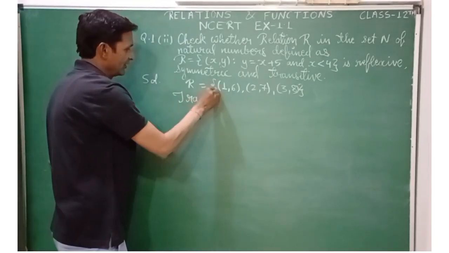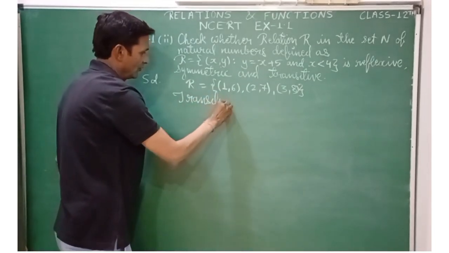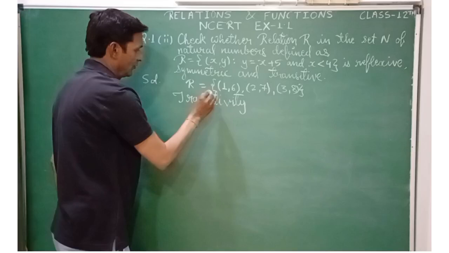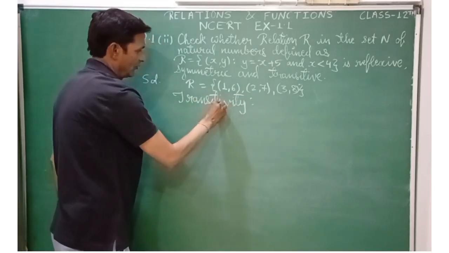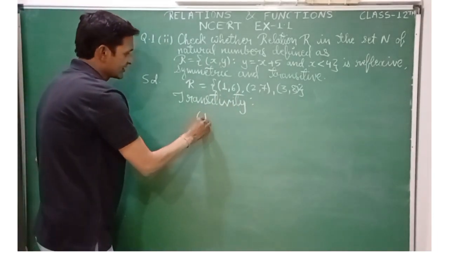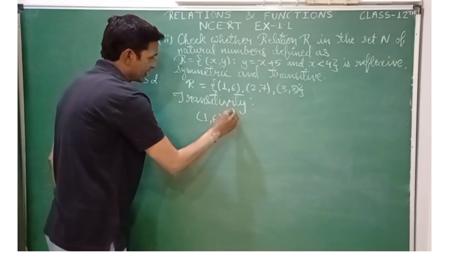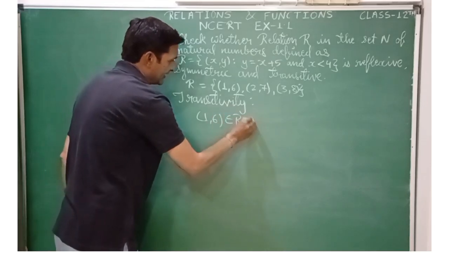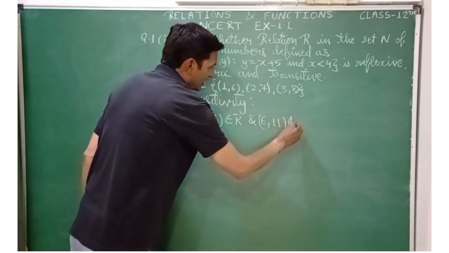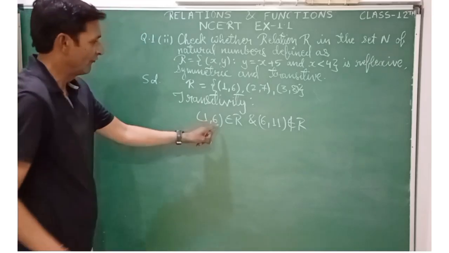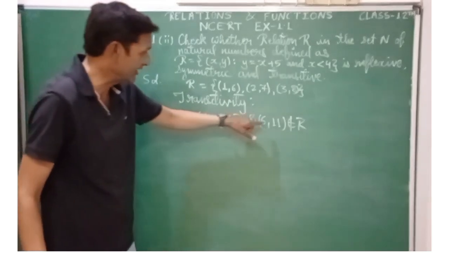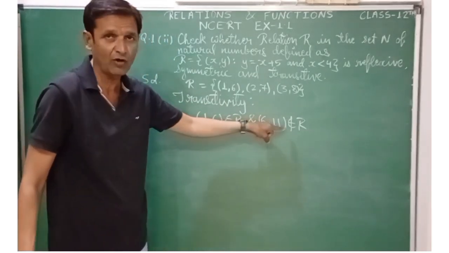In transitivity, (1, 6) is an element of R and (6, 11) is not an element of R. So only one condition is followed here in transitivity. One given condition of transitivity is not followed here.